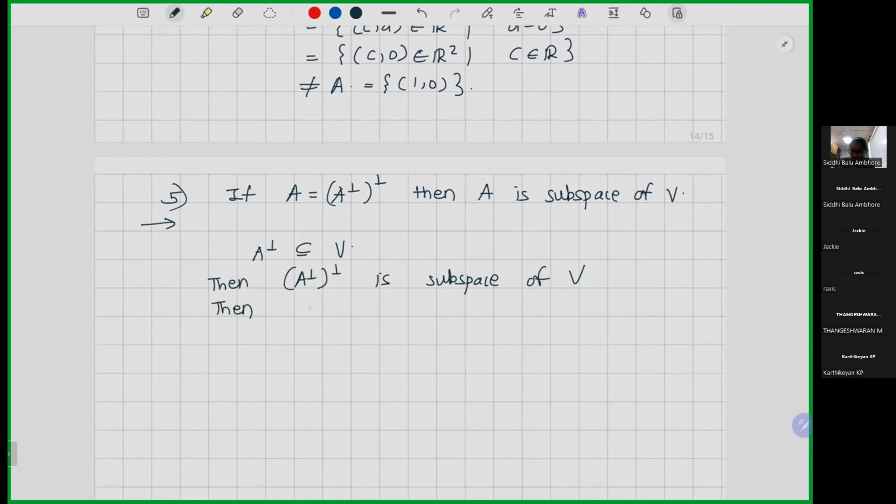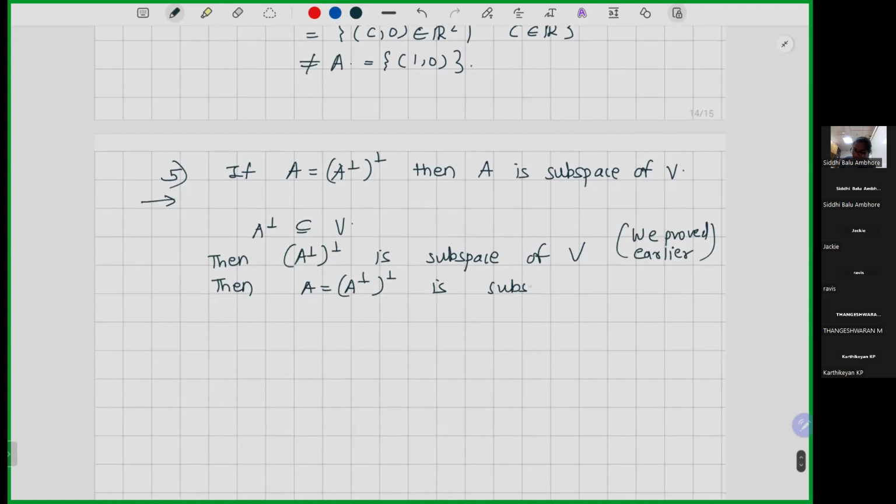Then again, A is equal to A perp, which is a subspace of V, right? We proved earlier. So this statement is that A is a subspace of V. Any doubt here, what I just wrote, or anything confusing?